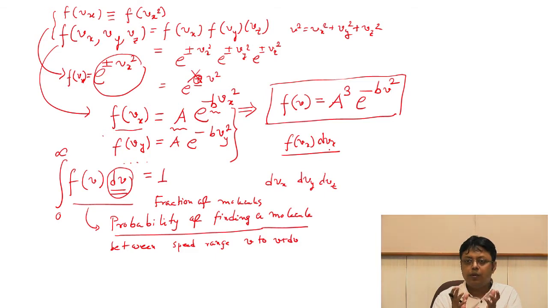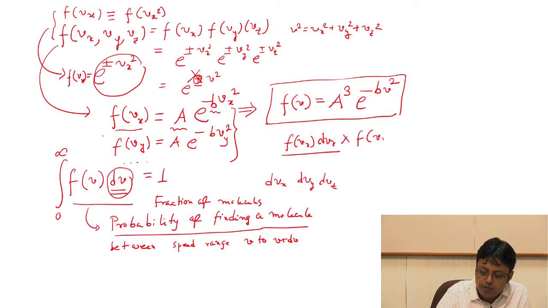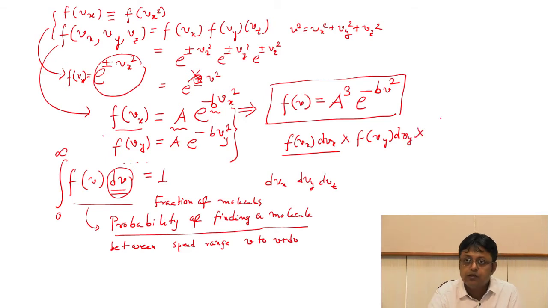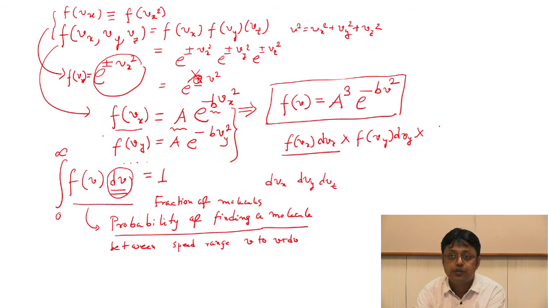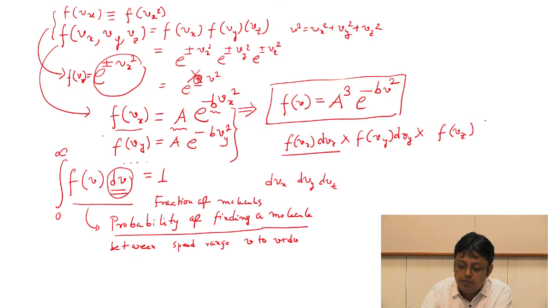dvx, so the joint probability will be nothing but, if you ask this question, what is the joint probability? Joint probability will be of having a molecule from velocity vx to vx plus dvx in the x direction, simultaneously the y component velocity from vy to vy plus dvy, and simultaneously the z component velocity from vz to vz plus dvz.